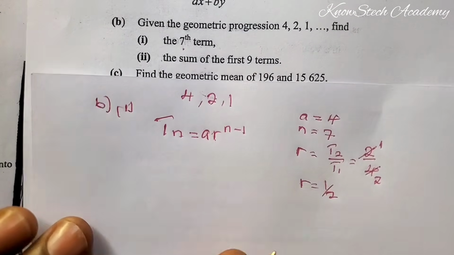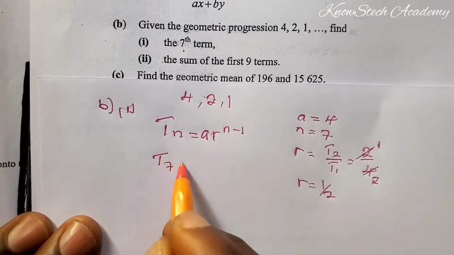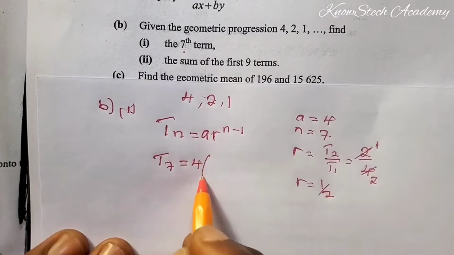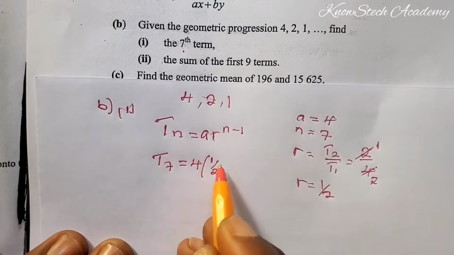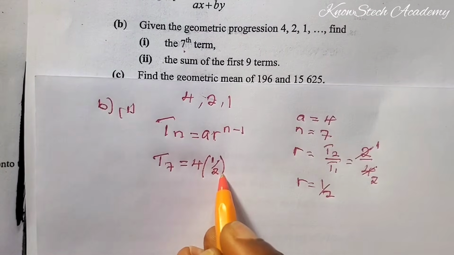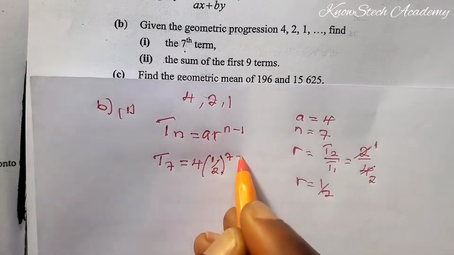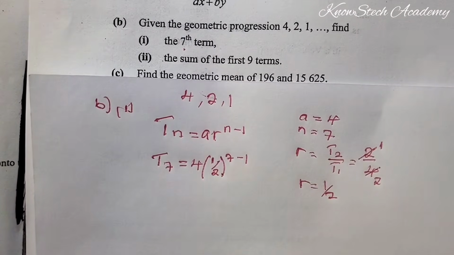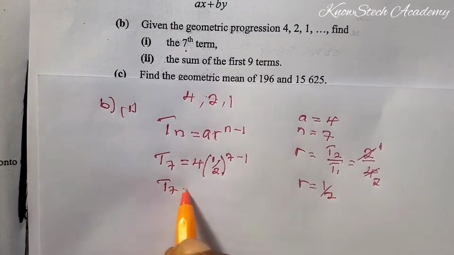Let's substitute. T7, term number 7, equals the first term 4, then open bracket, common ratio 1 over 2, close bracket, to the power 7 minus 1. Now T7 equals 4.